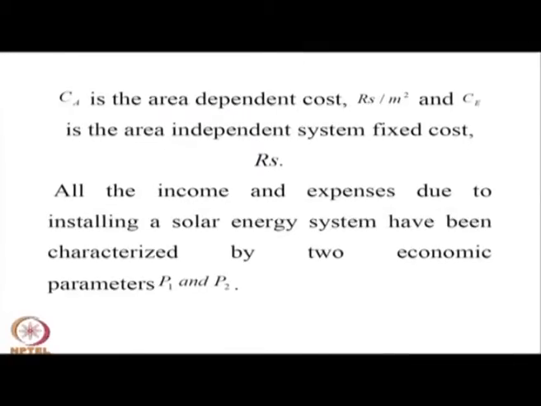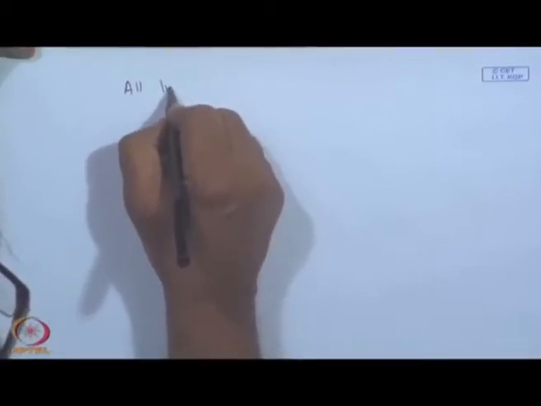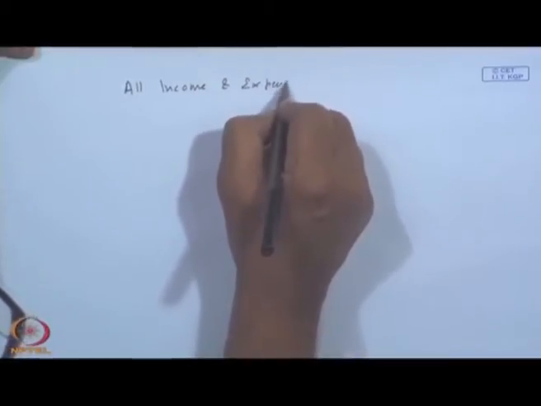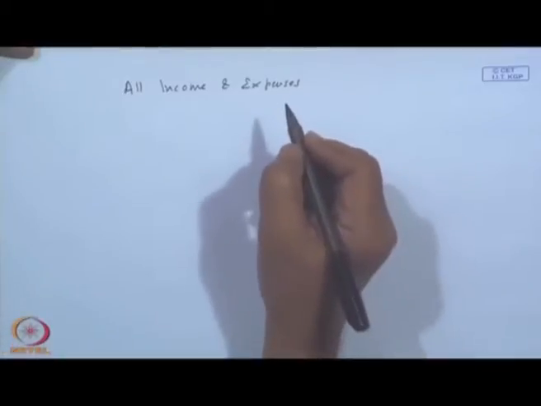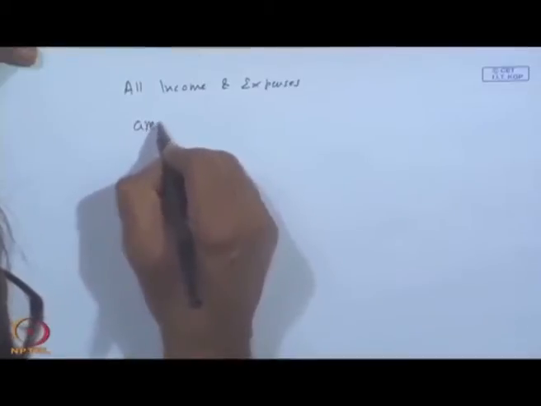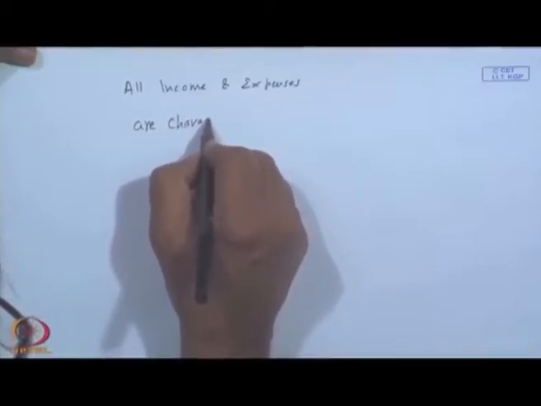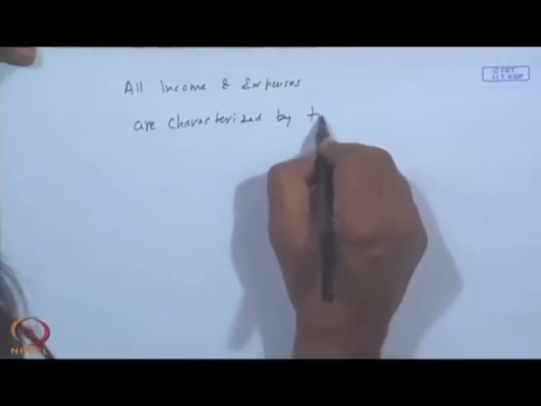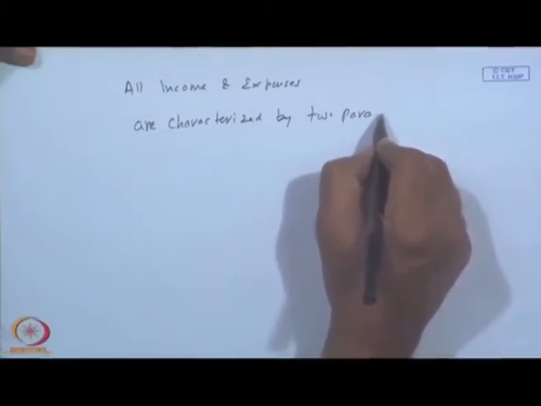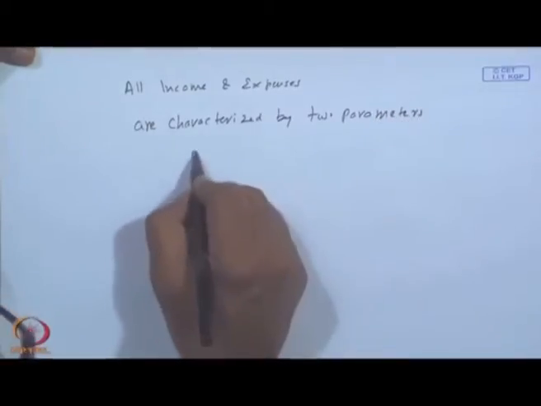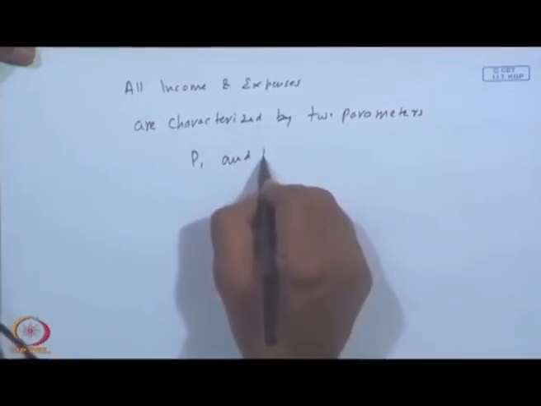So, Brandmühl and Beckman said all income and expenses which are necessary to evaluate the economic viability of the system are characterized by two parameters, P 1 and P 2.